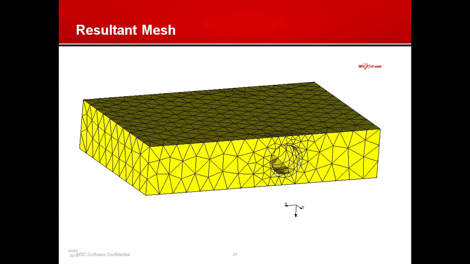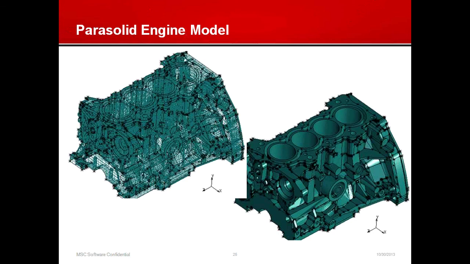So this was the mesh that was being generated for this simple problem, but of course we want to do more than just simple problems, so I'll demonstrate this later. This was our Parasolid engine model. This is in wireframe mode, then of course in solid mode. Using the technology in Mentat that existed in previous releases, this would have been virtually impossible to do.